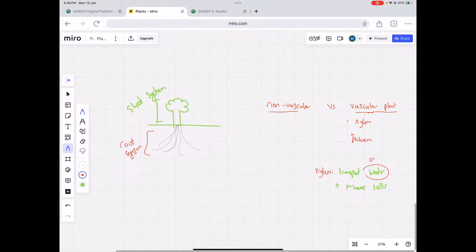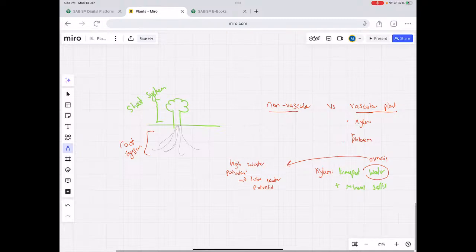Water moves from a high water potential to a low water potential. So if they ask what has a higher water potential, the soil or the roots, of course the soil has a higher water potential. That's why water will enter from the soil to the roots and eventually reach the xylem. Don't worry, we will look at the process of that.